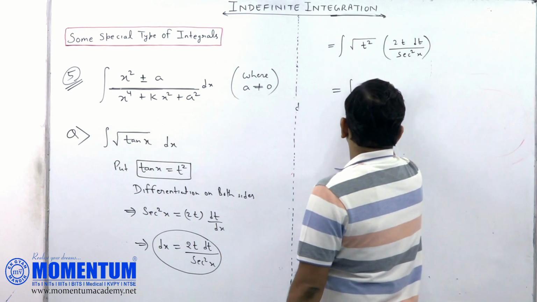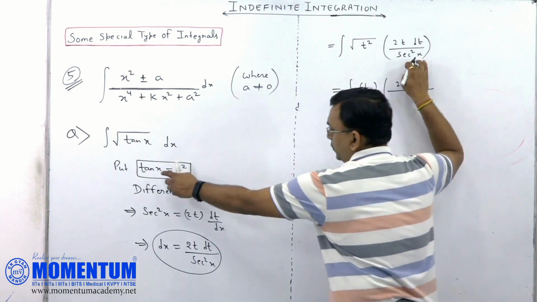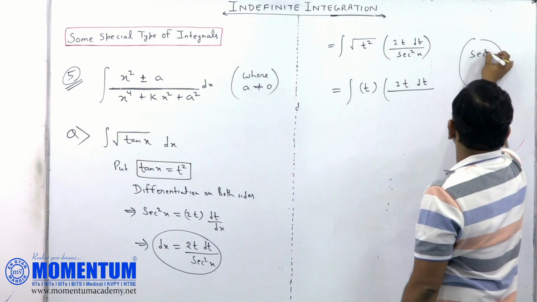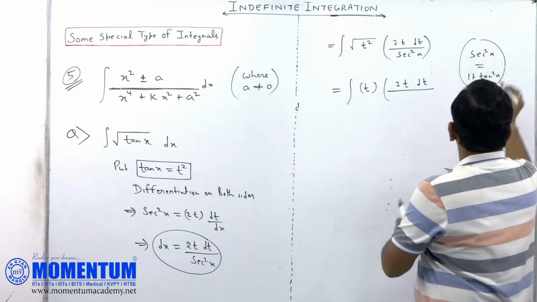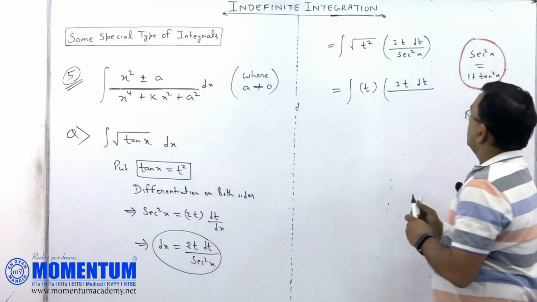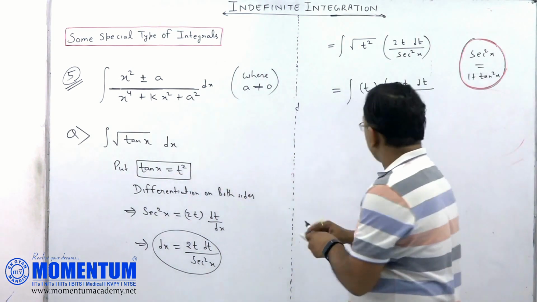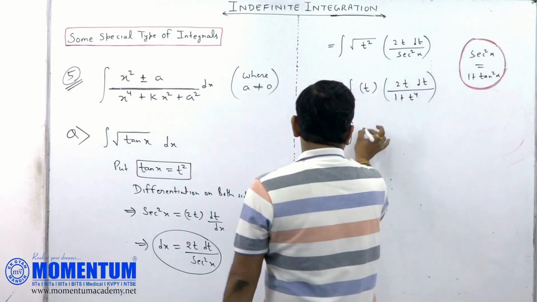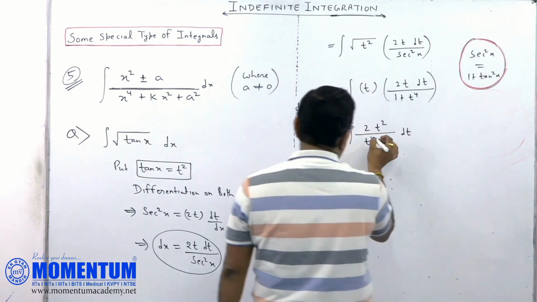So, t into 2t dt, sec square. tan को क्या लिया था? t square. sec square क्या होता है? sec square x is 1 plus tan square. सेक स्क्वायर को आप लिखोगे 1 प्लस टेन स्क्वायर, और टेन कितना है? t square. सो व्हाट विल कम? 1 plus t to the power 4. So now integral is 2 times t square upon t to the power 4 plus 1.